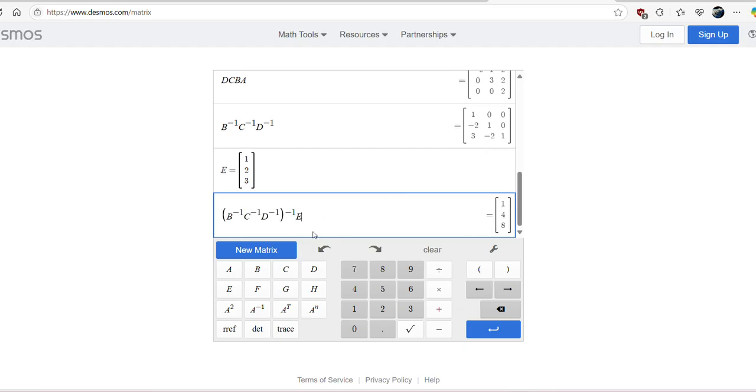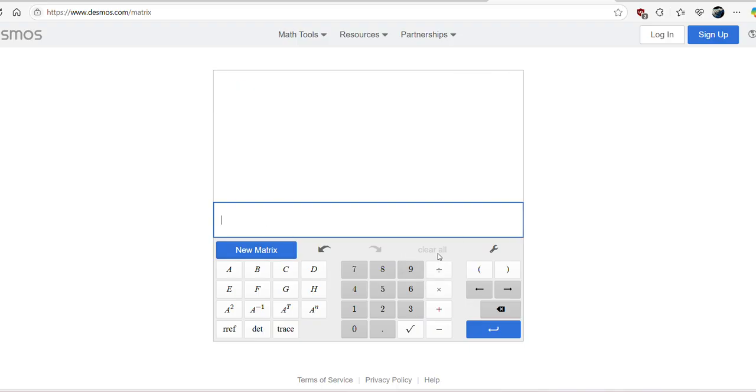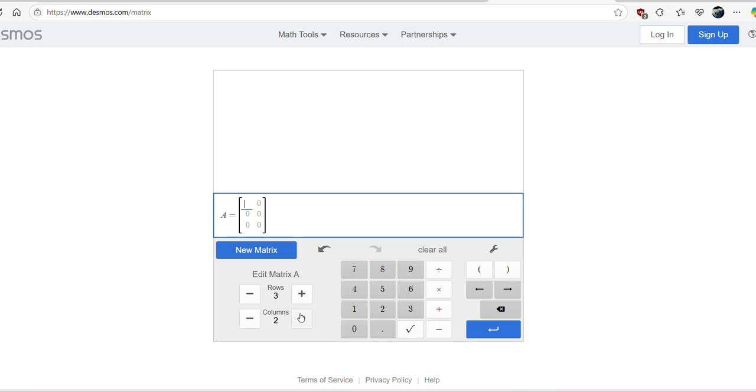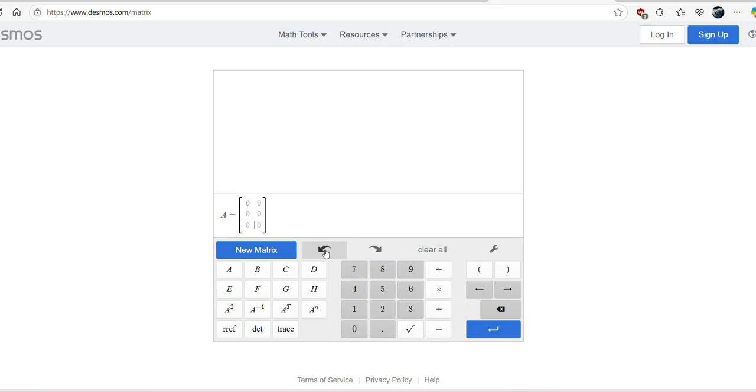What you can do is just make another matrix underneath E. A new matrix. Don't clear.